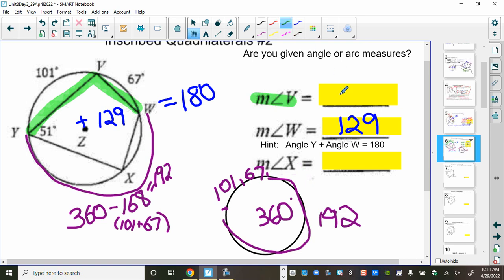Angle V is going to be 192 divided by 2, which is 96. Very good, Val. That's going to be 96 degrees.